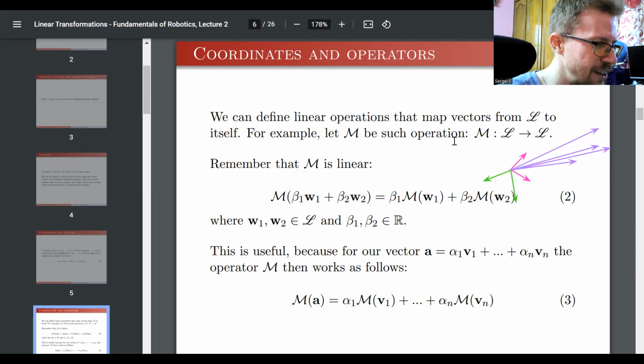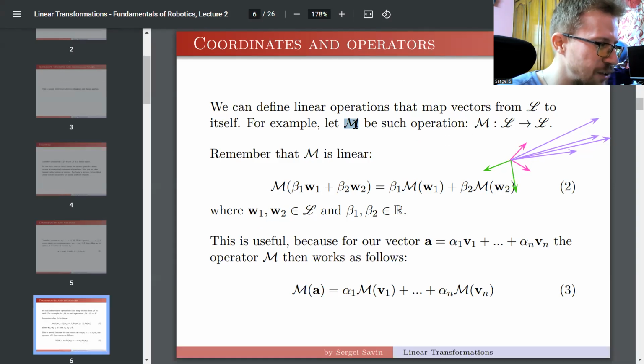Right now, I defined a linear operation M without actually talking about numbers. I didn't say multiply by a number. I didn't say rotate. I didn't say anything. On this picture, I just said, okay, this vector goes here, this vector goes here. That's it.